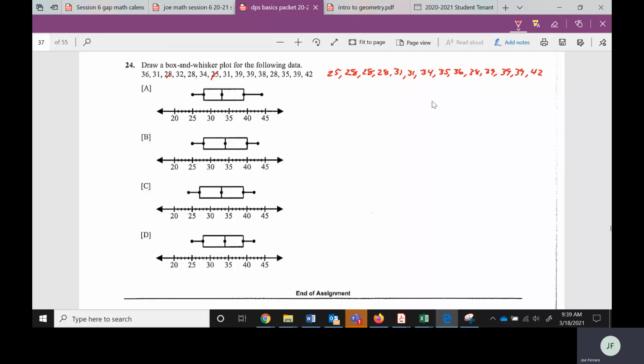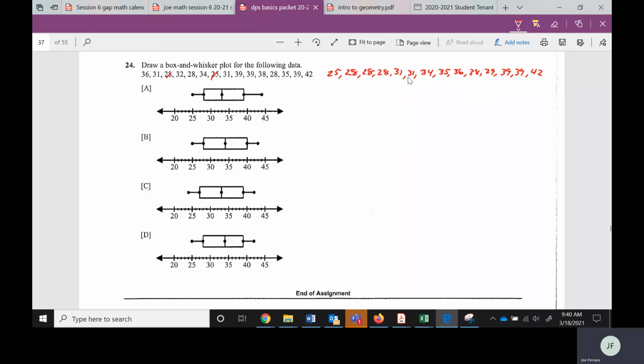Okay. One way to help know if you got them all is to count: 1, 2, 3, 4, 5, 6, 7, 8, 9, 10, 11, 12, 13, 14. And I think I might have missed one, because if I count over here, 1, 2, 3, 4, 5, 6, 7, 8, 9, 10, 11, 12, 13, 14, 15. So I missed something here.